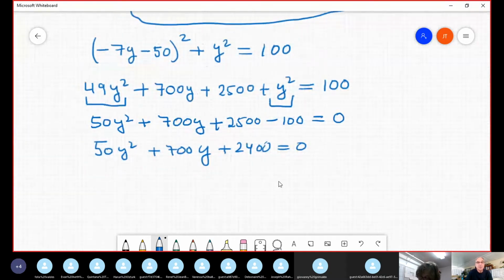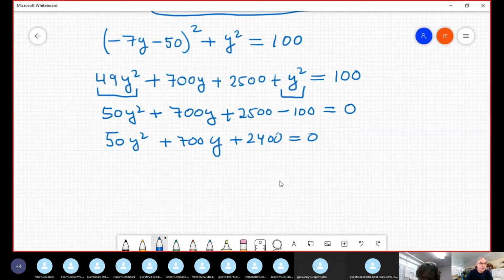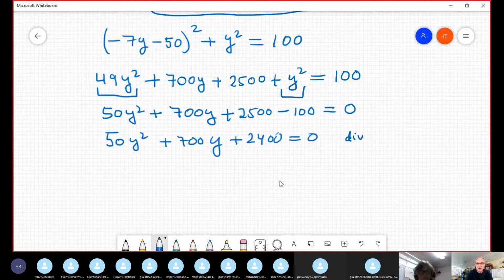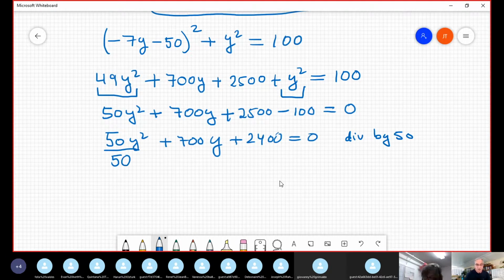But I propose one idea. You can divide the whole thing by 50, because 50 divided by 50 is 1. Let me use my calculator: 700 divided by 50, I suppose it's 14. Let me check it just in case. Oh yes, okay. You divide by 50 because 50 is the greatest common factor.